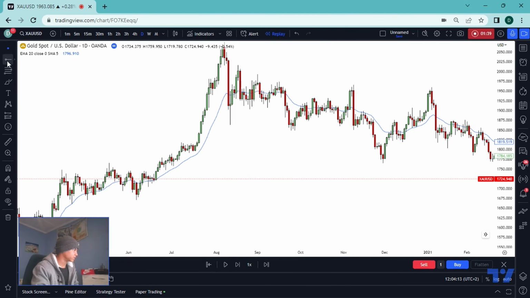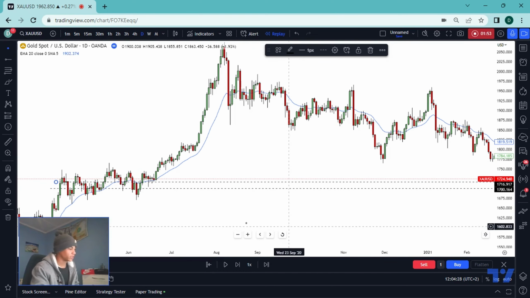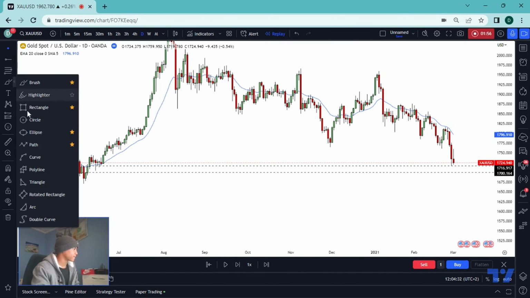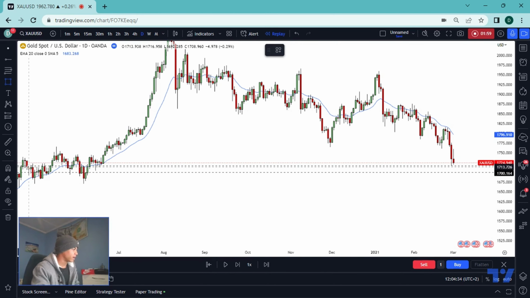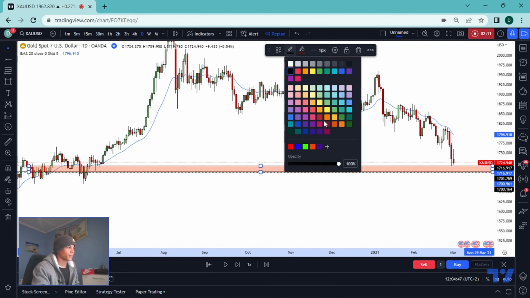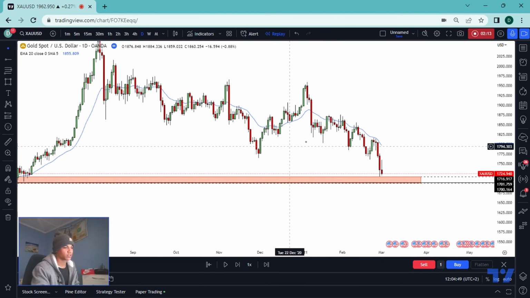We have price in an area of support, or approaching an area of support, I should say. I normally have horizontal rays, and I normally make my zones orange.